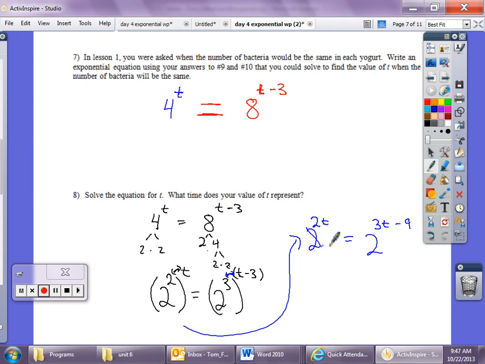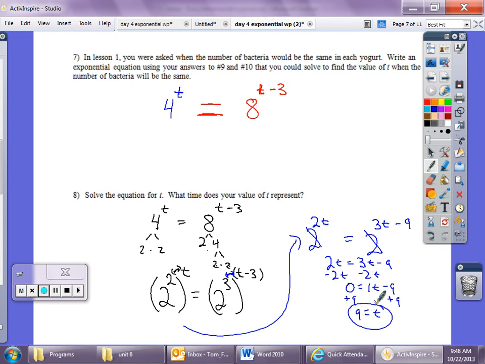And now we solve this. Same bases, we can drop the bases, and we get 2t equals 3t minus 9. We can subtract 2t, so 0 equals 1t minus 9, add 9, and 9 is equal to t.